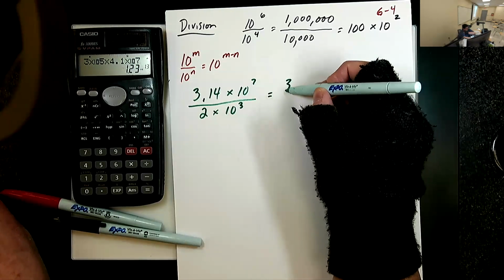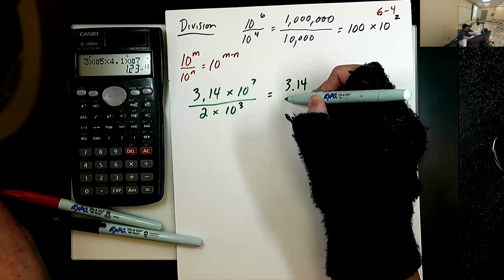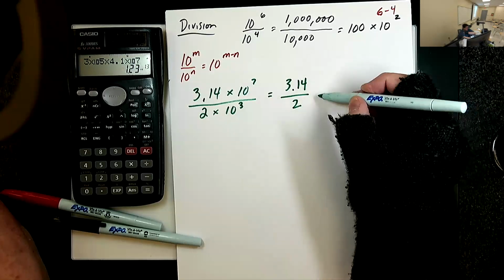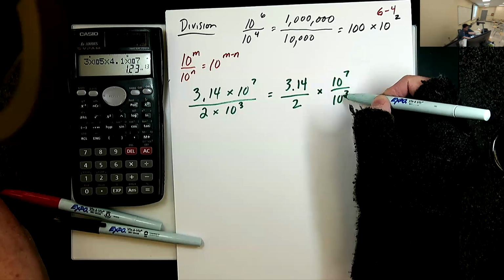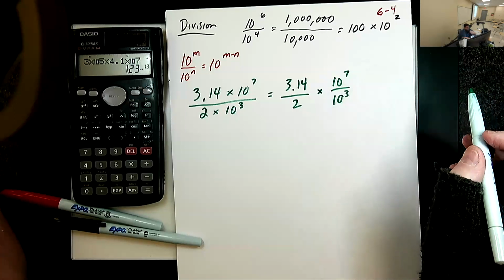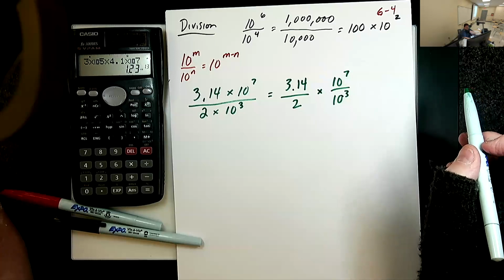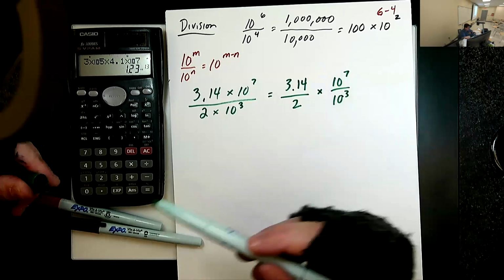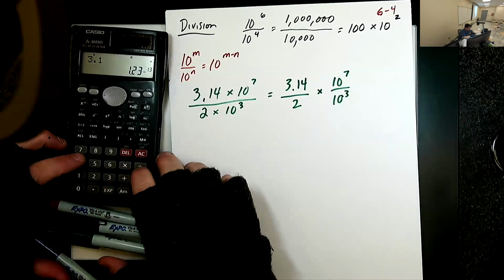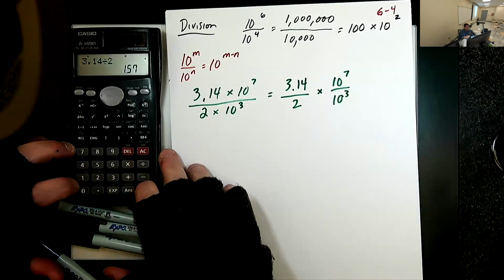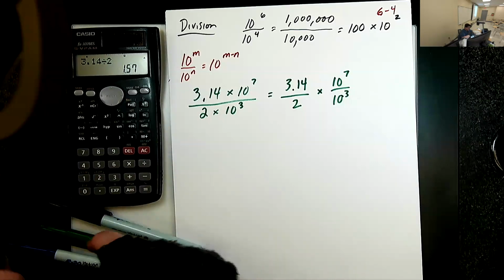We can break this one up like this. So we can do 3.14 over 2 times 10 to the 7th over 10 to the 3rd. And 3.14 divided by 2 is 1.57.